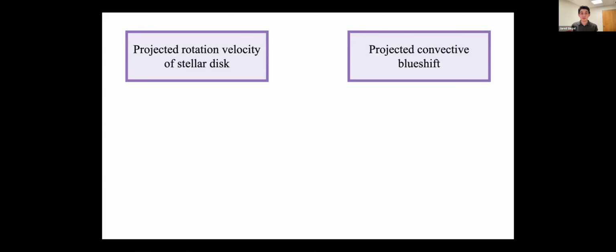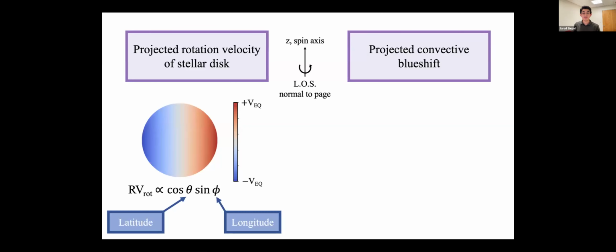So what do I mean by that? Well, let's take a look at what a star would look like through the lens of radial velocities. To do so, we're going to create some cartoons where our star's spin axis is going to be straight up. That then means that the blueshifted hemisphere is coming towards us, and the redshifted hemisphere is going away from us, just like shown in the cartoon here.